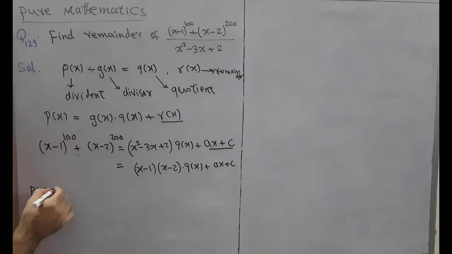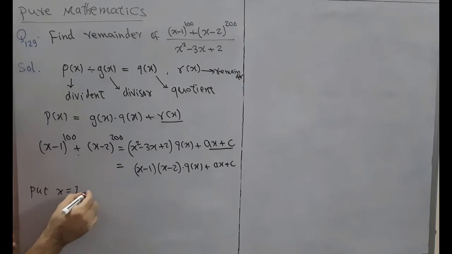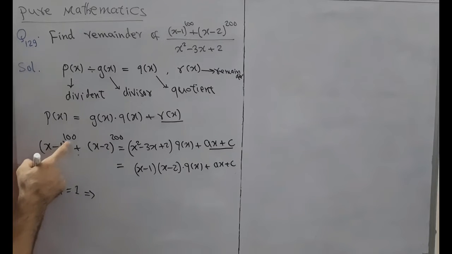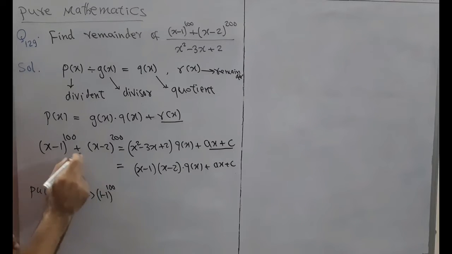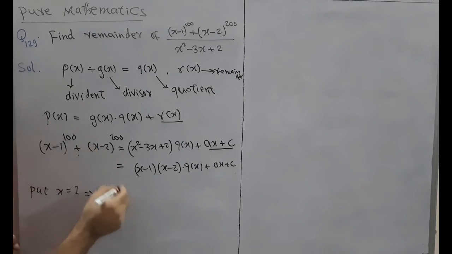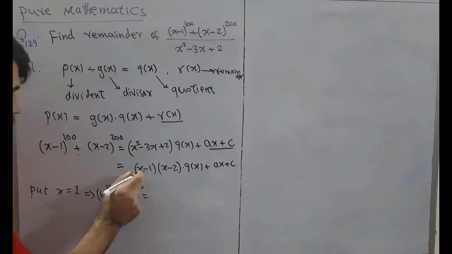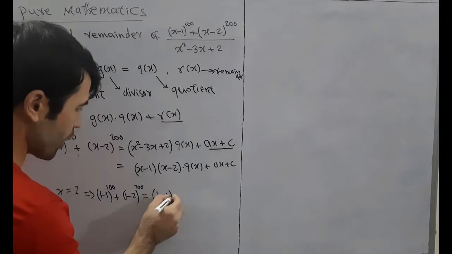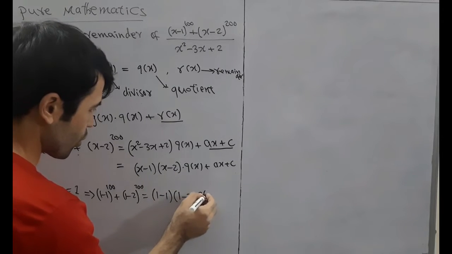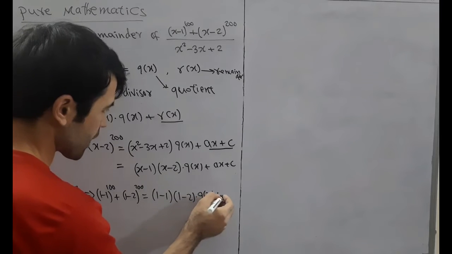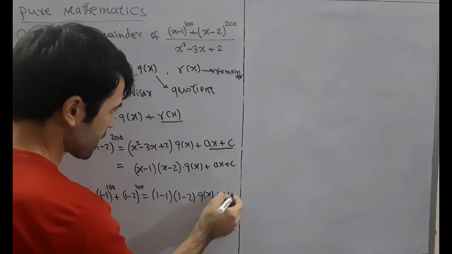Put x is equal to 1. If x is equal to 1, this implies (1 minus 1) to the power 100 plus (1 minus 2) to the power 200 is equal to (1 minus 1) into (1 minus 2) into q(x) plus a into 1 plus c.